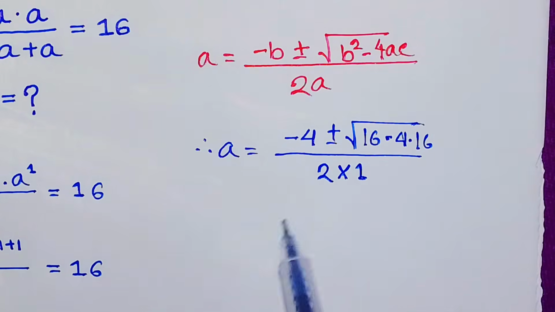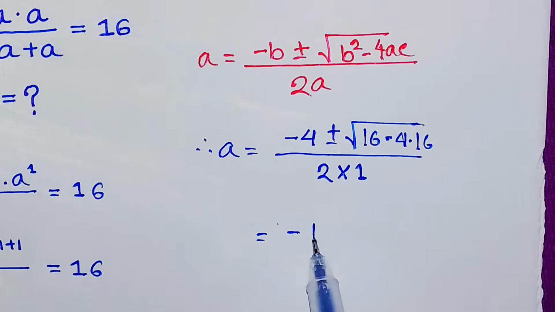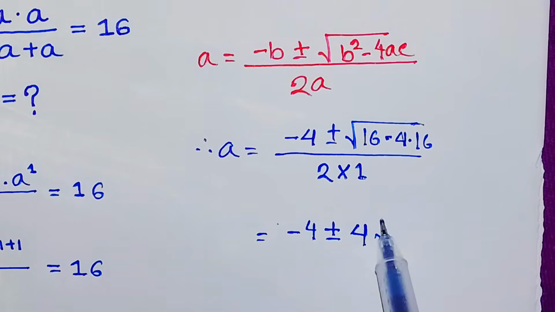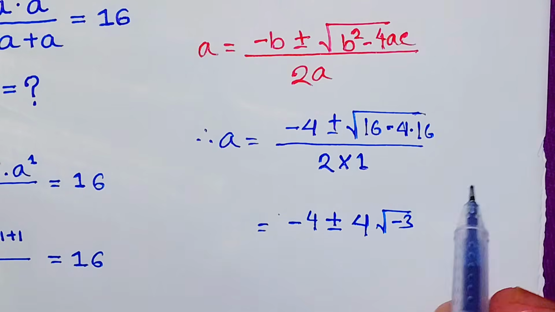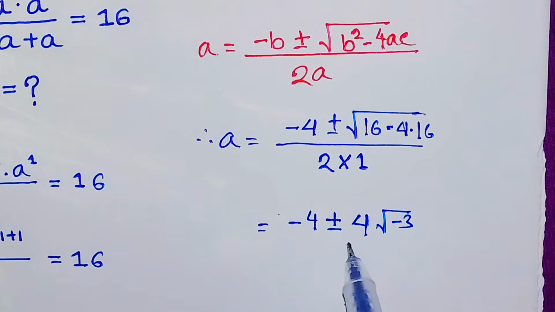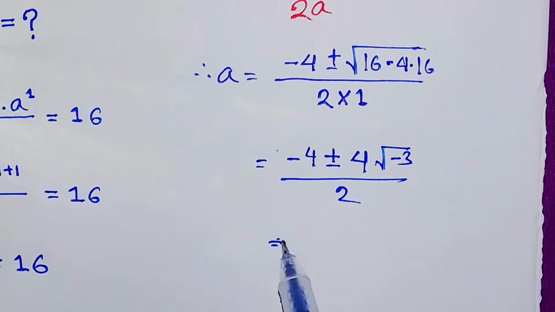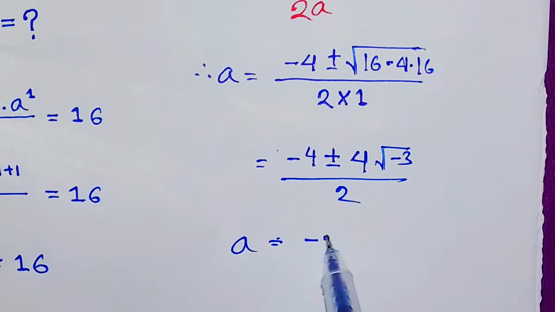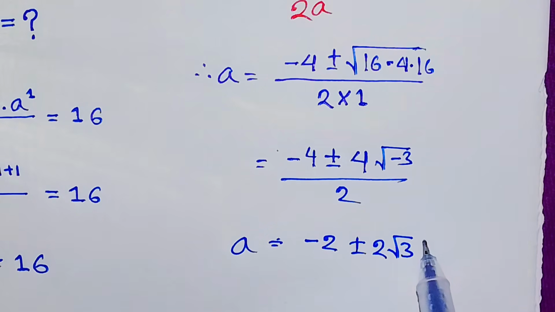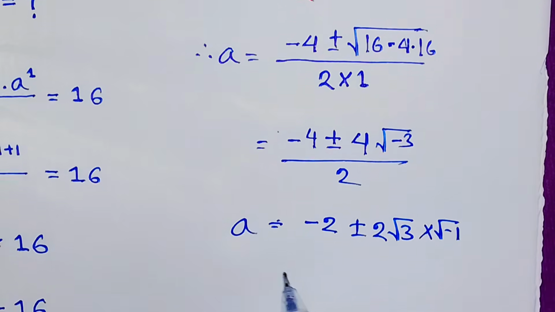Then after simplifying this equation we'll get minus 4 plus minus 4 root over minus 3, divided by 2. So after that we'll get a equal minus 2 plus minus 2 root 3 into root over minus 1.